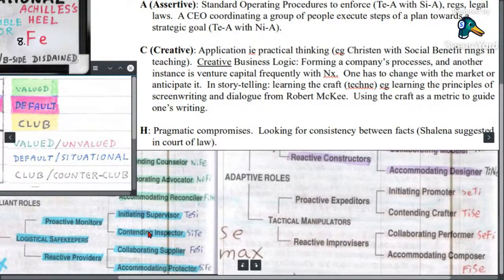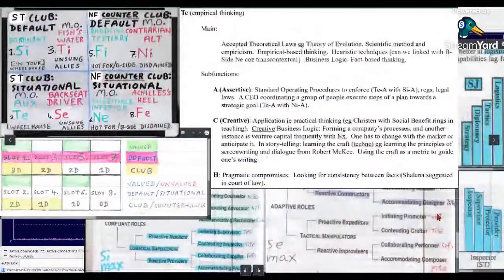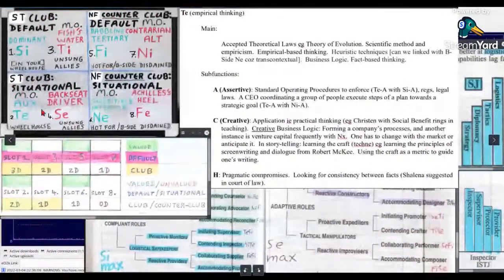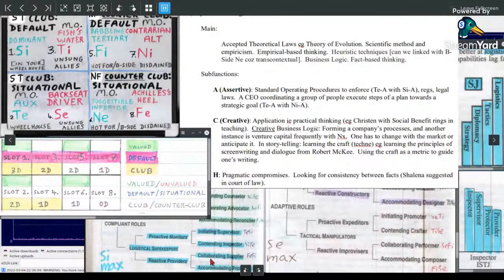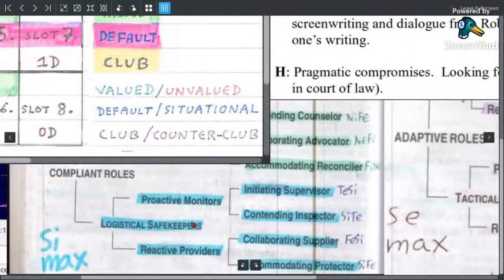Is ISTJ more easily able to enact these expeditious roles because they draw on other ST functions, SE and TI, or is ISTJ better able to enact these roles because they're part of the logistical intellect? But the problem here is it draws on a function that ISTJ is very bad at, FE.